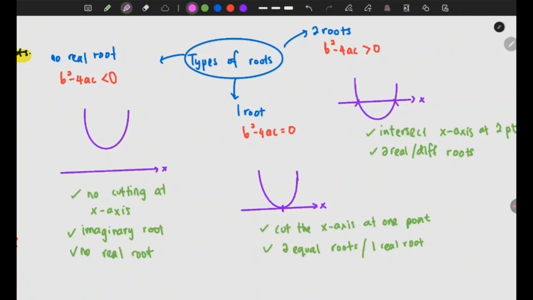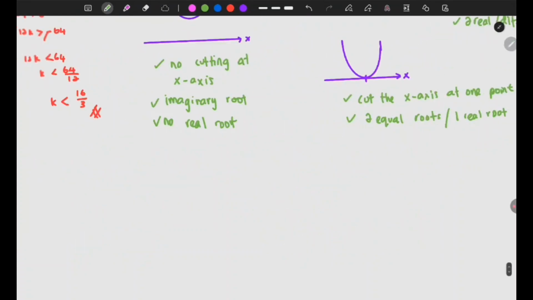Now, actually I'm done with types of roots. So I'm going to cover the maximum and minimum point. This maximum and minimum point requires a bit of knowledge in completing the square. You need to have an idea on that part.